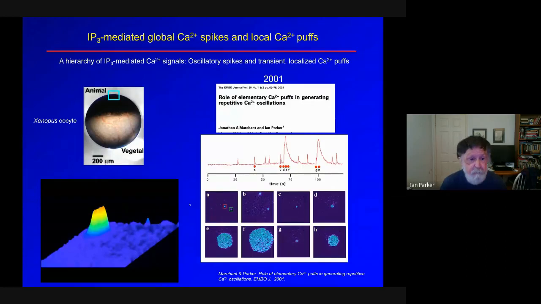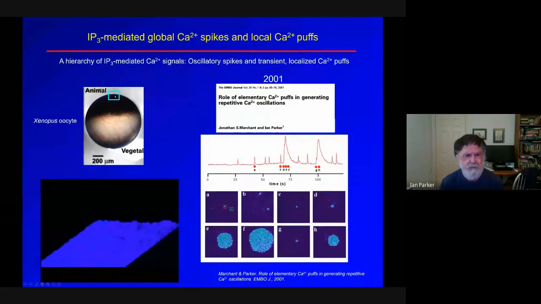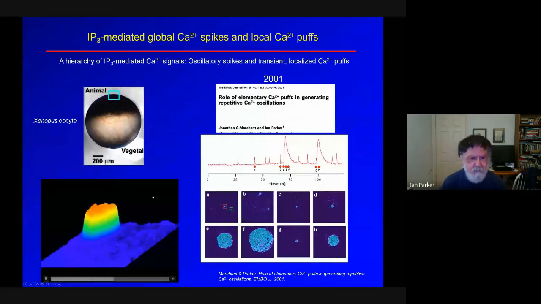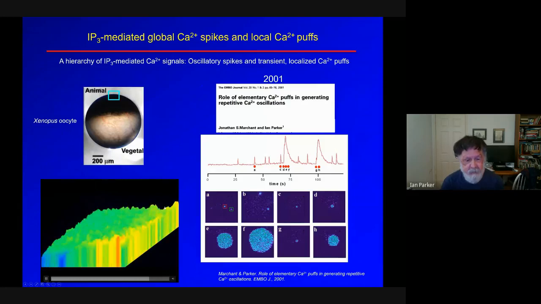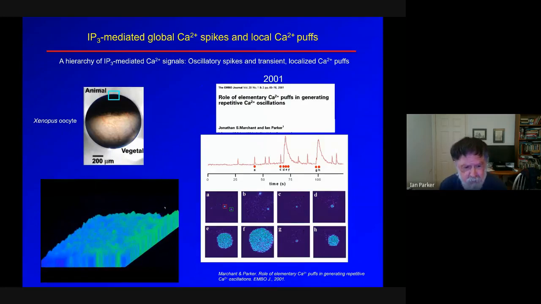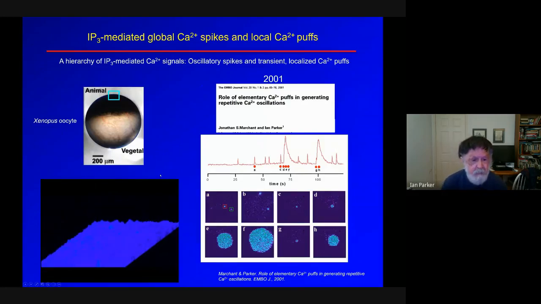across a cell. And back some 20 years or more ago, my lab discovered calcium puffs, little local calcium transients. Here we're just recording from a small part of a Xenopus oocyte, calcium signals in response to IP3. You see these little calcium volcanoes going off, things we call calcium puffs.